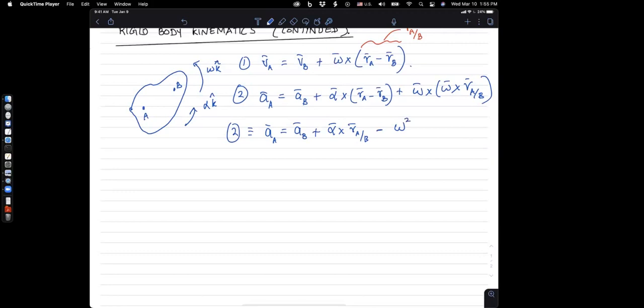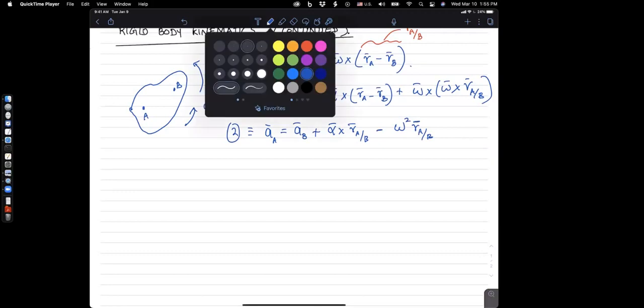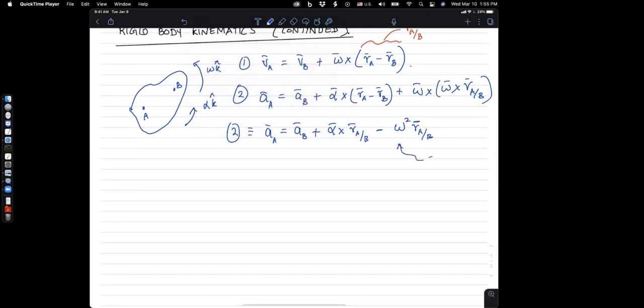But you can skip over all that with this reduced formula. It turns out this is equal to omega squared times RA with respect to B, where this is the scalar omega. Instead of using the vector omega cross R, you can use scalar omega squared times RA with respect to B and save on a couple of cross products. So you don't have to do cross products too much.